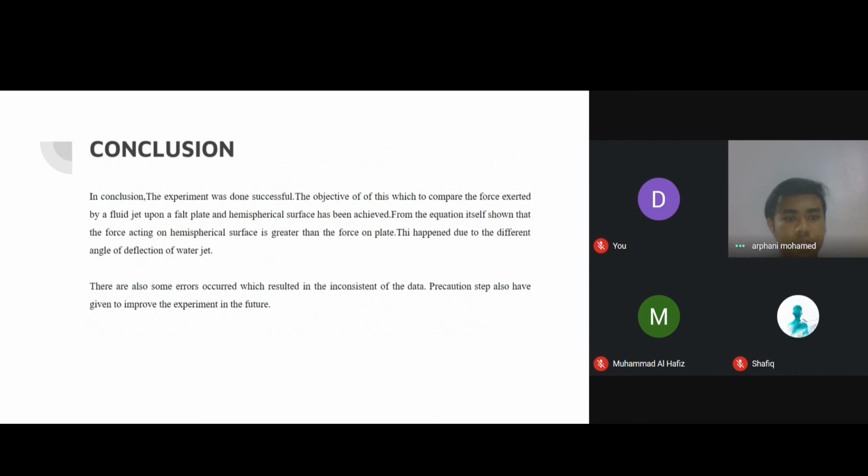This happened due to the different angle of deflection of the water jet. Some errors occurred which resulted in inconsistent data, and we have given recommendations just now to improve the experiment. Thank you.